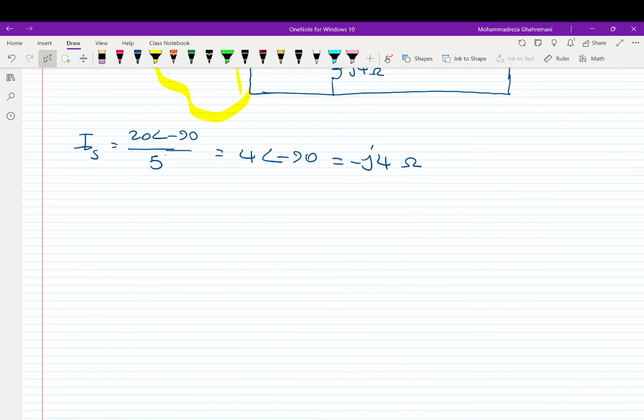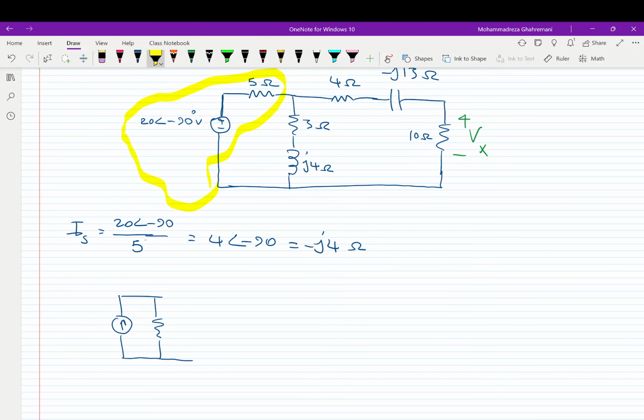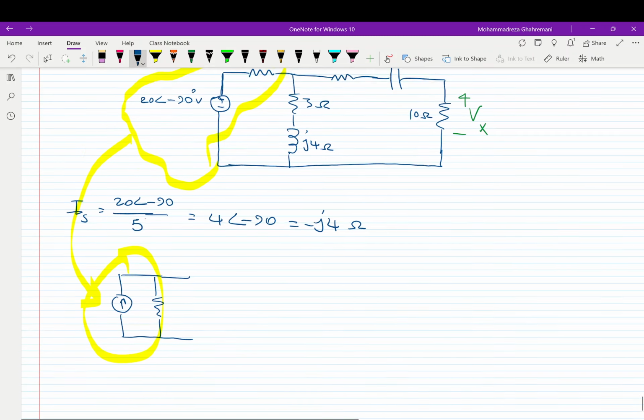So let's redraw the circuit. This time the circuit has a current source instead of a voltage source and a resistor. So we change this part to this part, and the rest of the circuit is the same. Let's just draw the rest of the circuit.